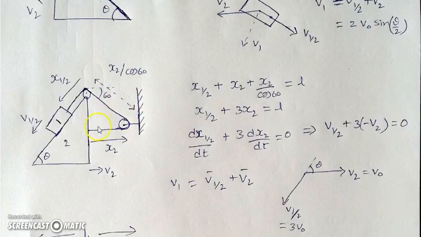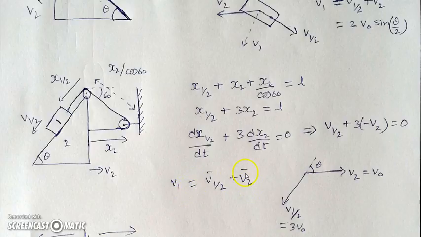So the total length of the string can be x2 plus 2x2 plus x of 1 with respect to 2, so 3x2 plus this. On differentiating, we have assumed that the block is moving downward and the wedge is shifting towards the right. So depending on their trend, whether x is decreasing or increasing, we gave them signs.